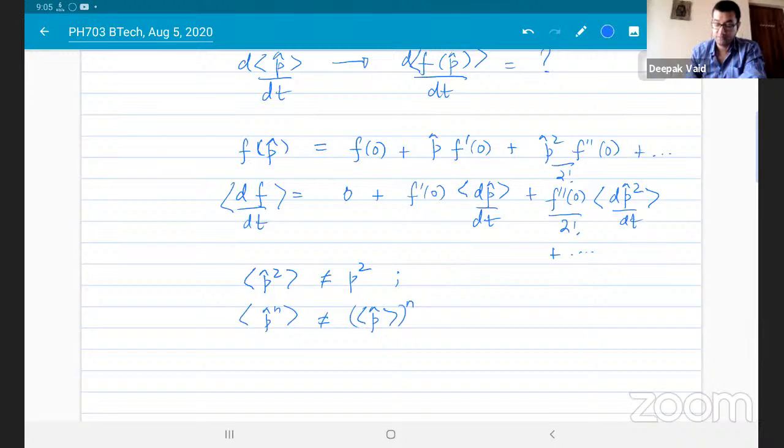In one case, you have n inside the expectation value; in the other case, you have n outside. And so this will allow you to distinguish between the quantum system and the classical system. So that's an excellent question.